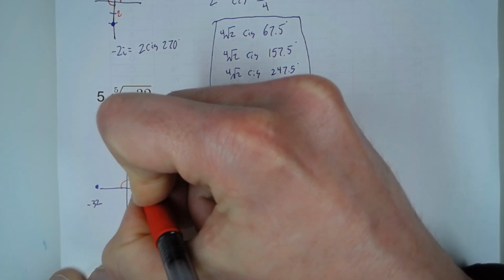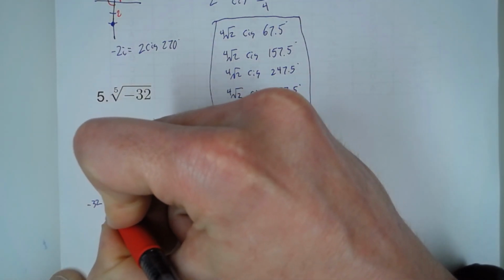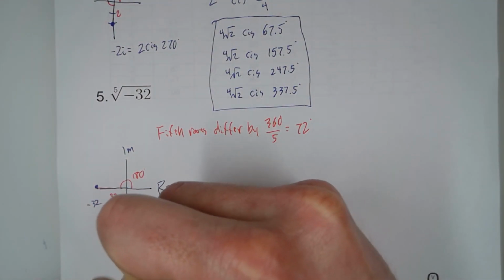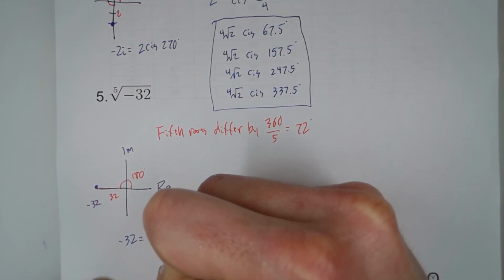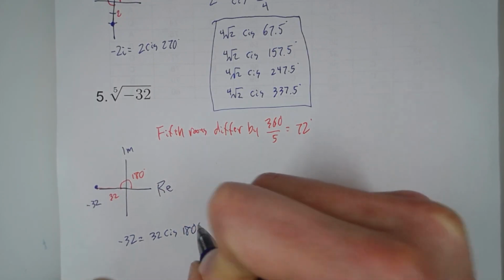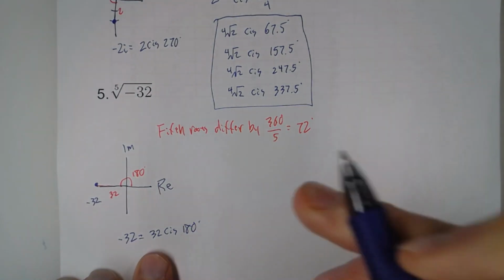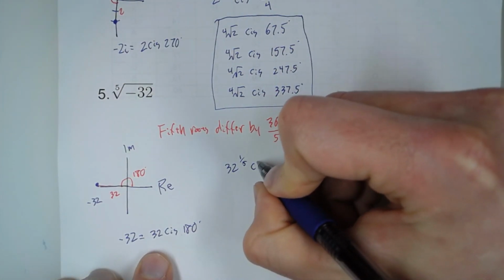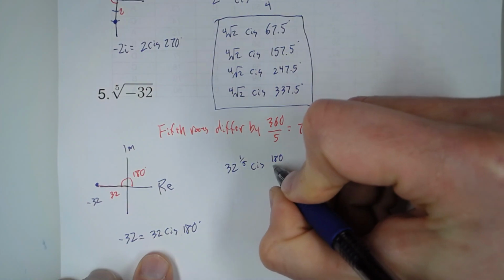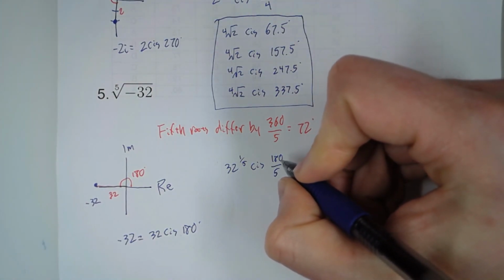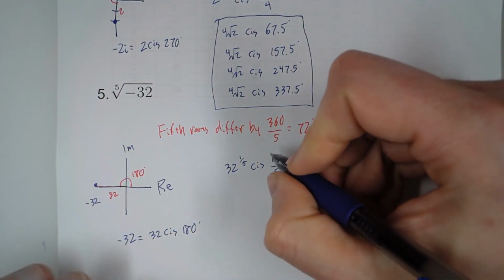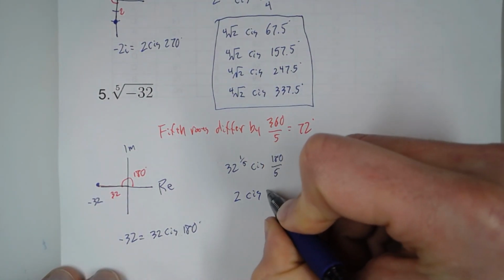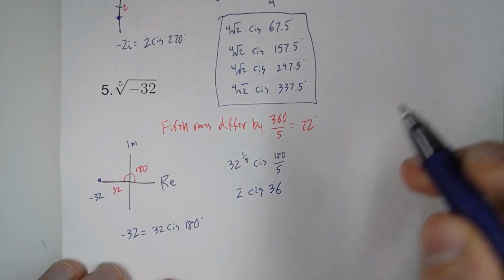But it's 180 degrees away at a distance of 32. So negative 32 equals 32 cis 180. So if I want the 5th root, I take 32 to the 1/5 cis 180 over 5. And so when we do that, the 5th root of 32 is 2 cis 36.